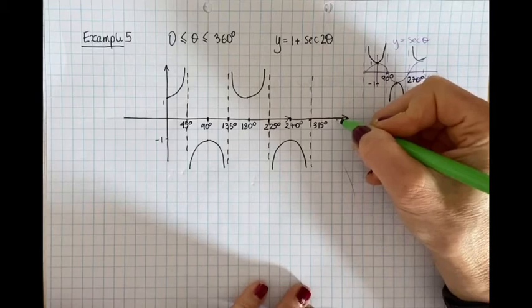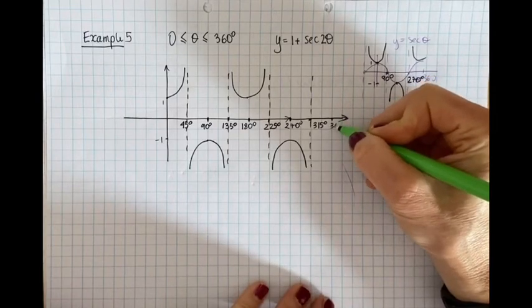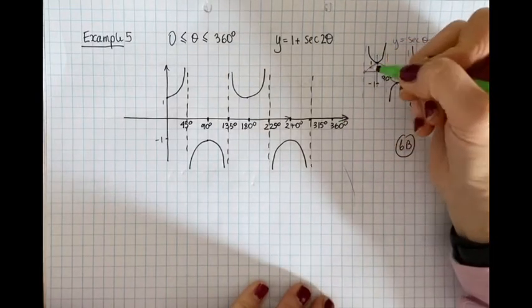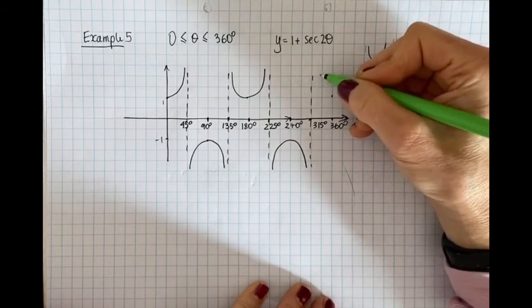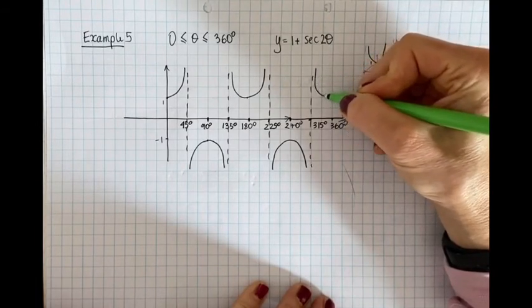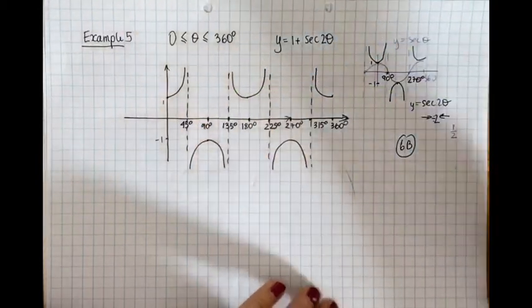It's a good job I've done it, because I would have had part of the graph missing, because I need to have this one here as well. There you go, because there should be twice as many.